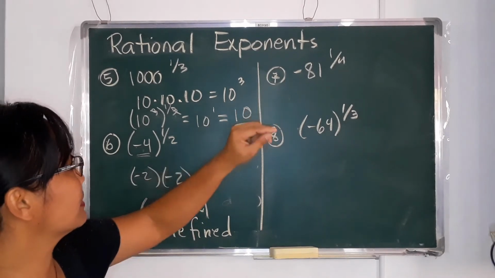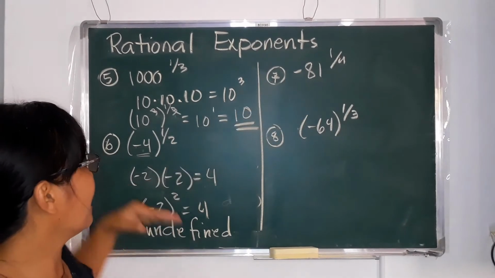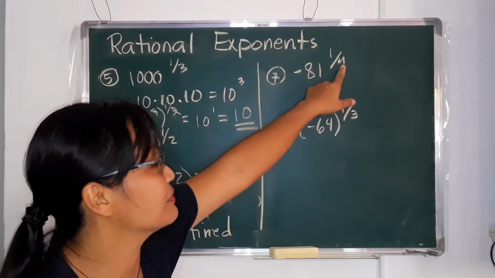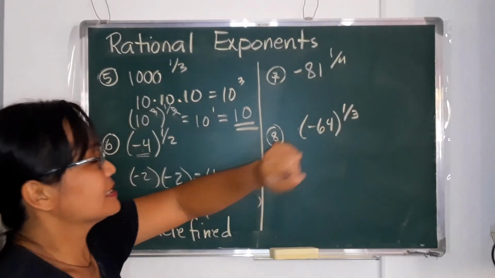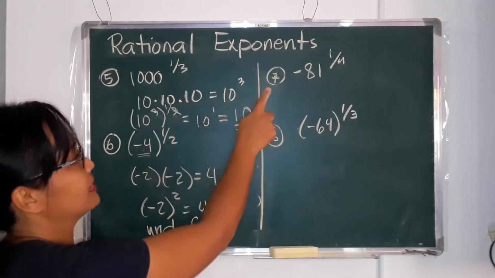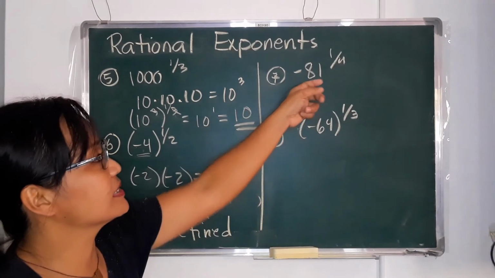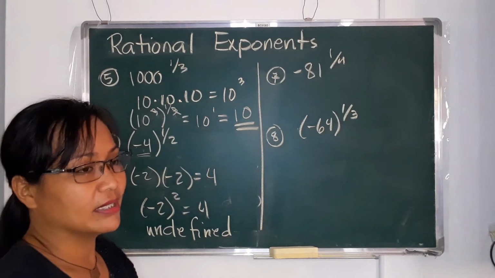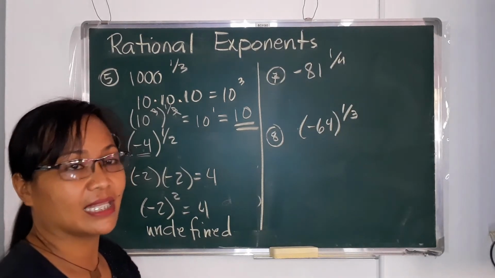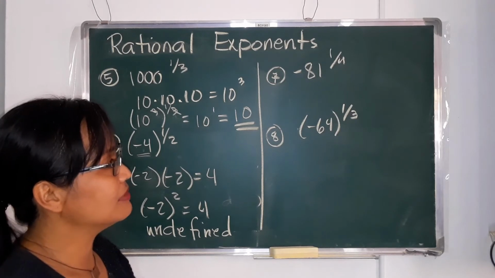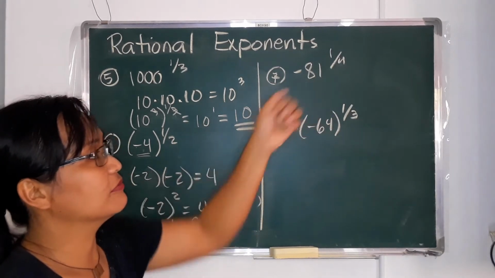Okay? How about in number 7? If you notice, number 7 is also negative. But what is the difference? And the denominator here is 4. Okay? So it is also even. Before we compare number 6 and number 7, let's think first of a factor of 81, or any number that if you multiply by itself, forms 81.